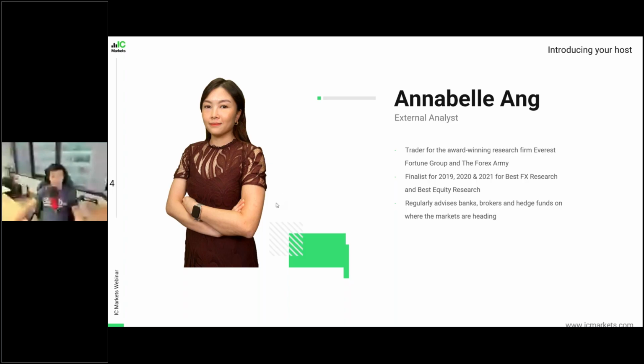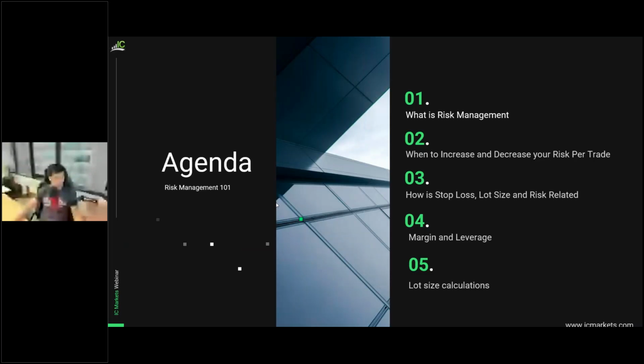Now the agenda for today, important things I want to talk about and give a few comments on. Let me get my pen here. We start off with what is risk management.